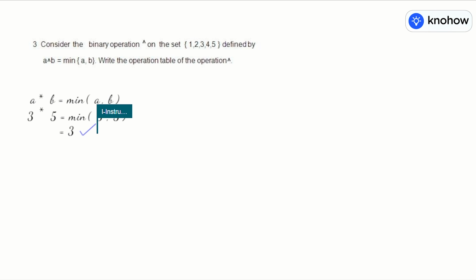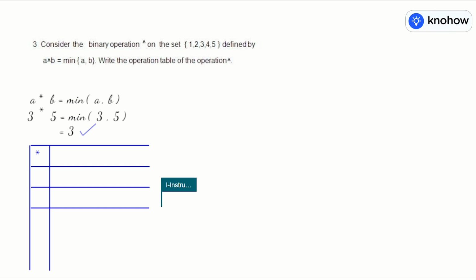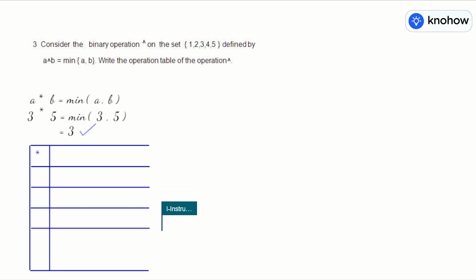So let me make a table. This is your minimum or the star operation, and the elements in the set are 1, 2, 3, 4, 5.